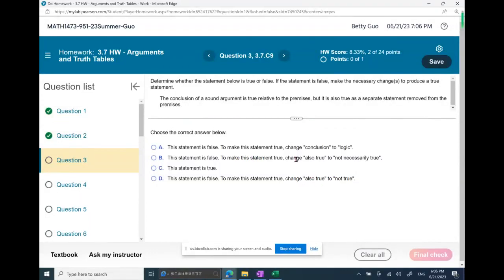The logic of a sound argument is true relative to the premises, but it is also true as a separate statement removed from the premises. To make this statement true, change also true to not true.